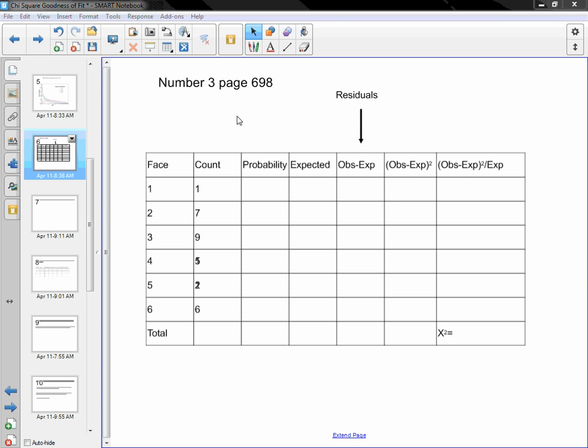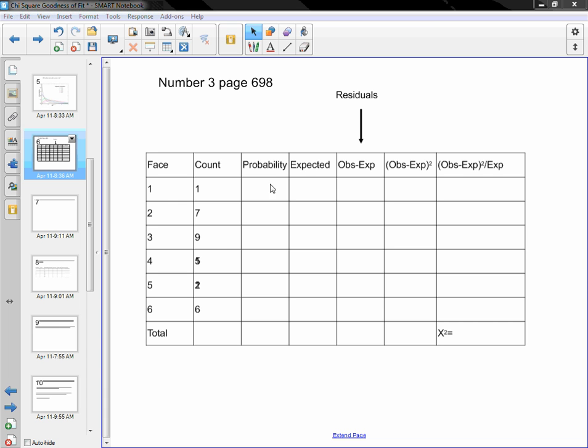To check, you roll it 60 times, recording the number of times each face appeared. Do these results cast doubt on the die's fairness? So what we're trying to see is whether or not this die is fair. We're talking about a single one, so the singular of dice is die. If this thing is fair, you can see there the faces 1 through 6 and the number of times that each one came up.